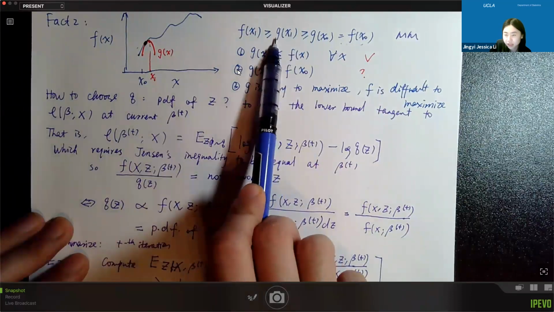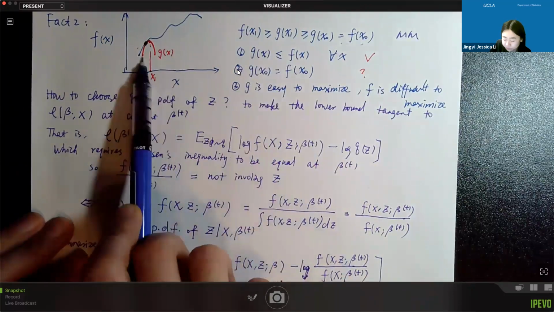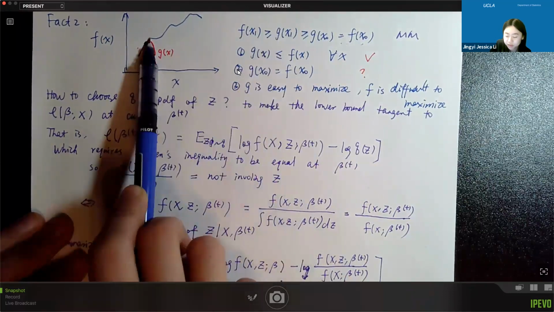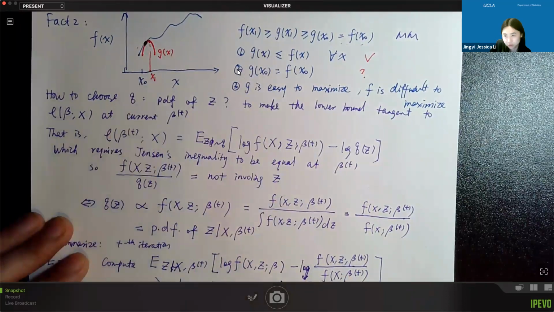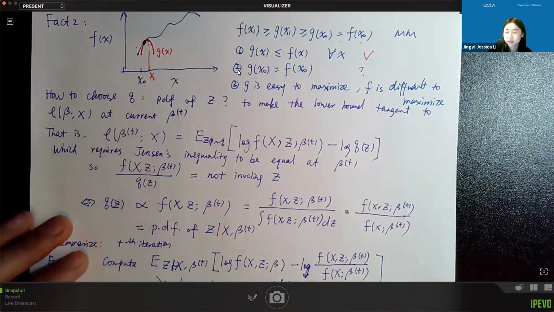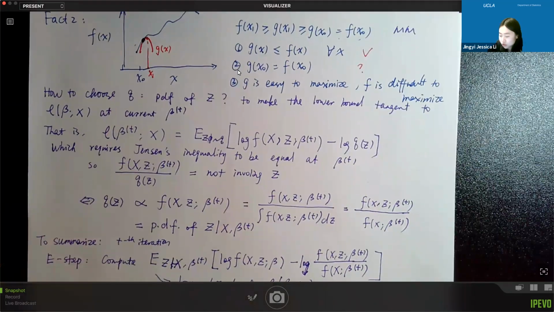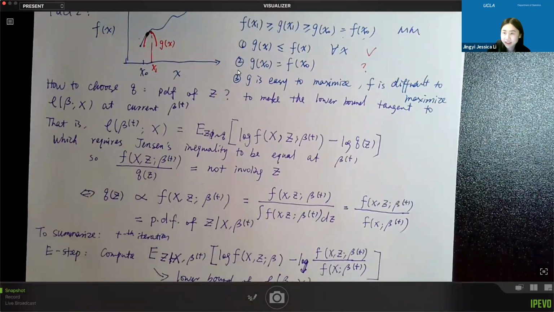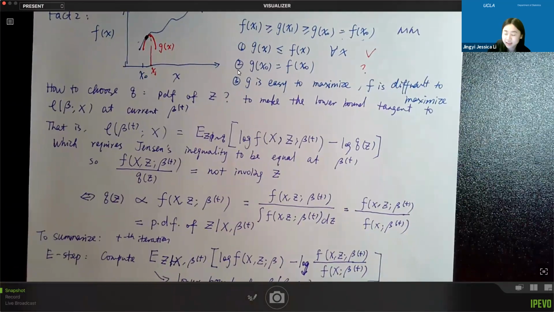So if you can find a nice lower bound, G, that you can simply maximize using a closed form, then you can apply this MM algorithm to maximize the f. So I'm not going into detail here because if you just Google MM algorithm, I think Ken has some very nice slides online, which has some examples about the implementation. So you can check it out there.